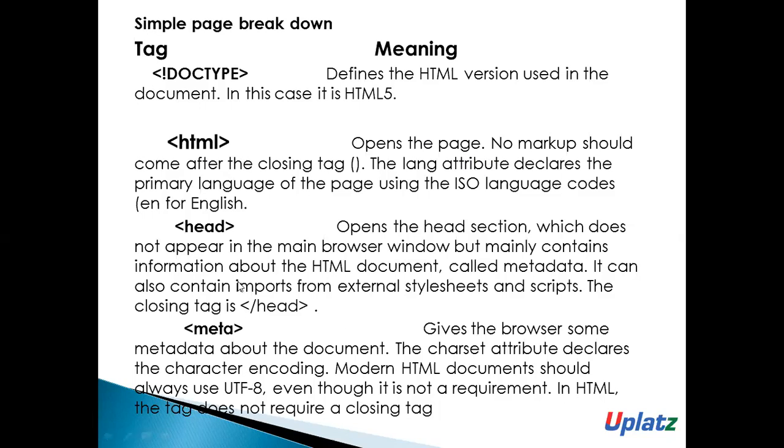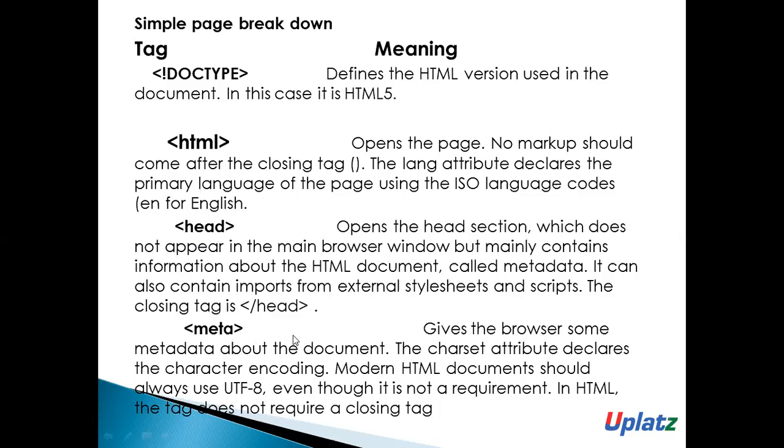Next is head. When you open the head section, it does not appear in your main browser, but it only contains information about the HTML document, which is nothing but metadata. It can also contain imports from external style sheets and scripts, and it will always have a closing head tag. Next is meta.